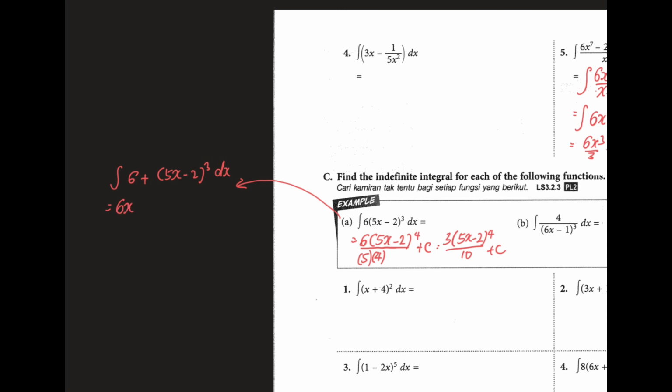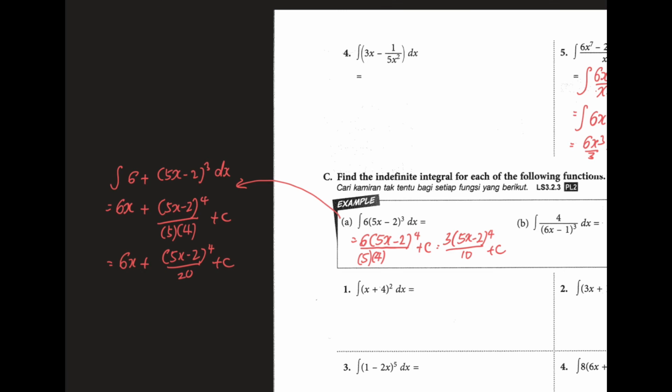Integrate 6 becomes 6x. Then integrate (5x minus 2) to the power 3, it becomes (5x minus 2) to the power 4, divide by 4, and also divide by the a, and the a is 5, plus c. So 6x plus (5x minus 2) to the power of 4 over 20 plus c.